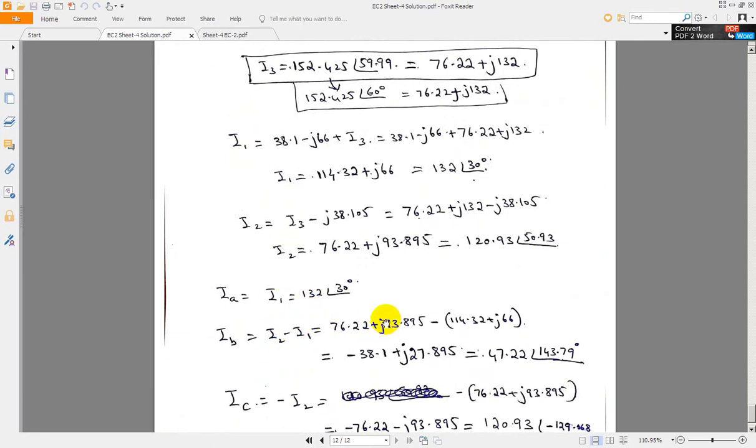We already got I1 here, and I2 we got from here, 76 plus j67. Substitute these values, and I2 minus I1 gives 47.22 at an angle of 143.79.